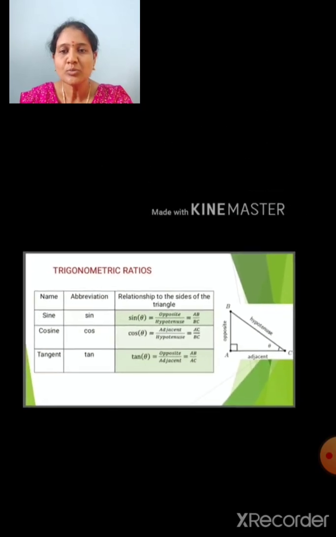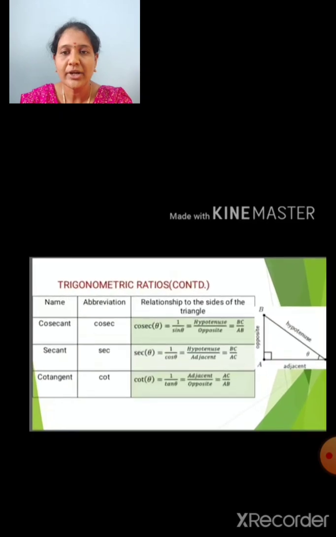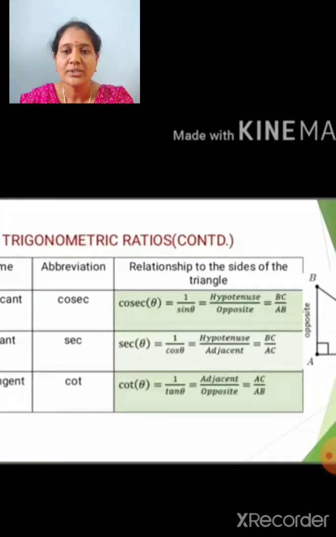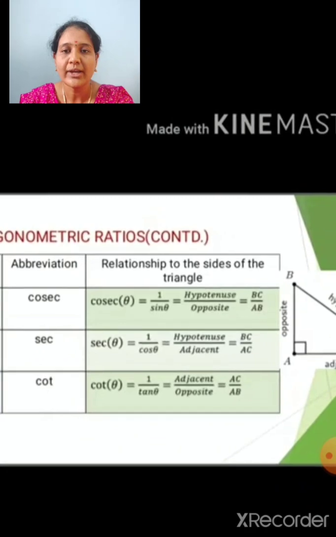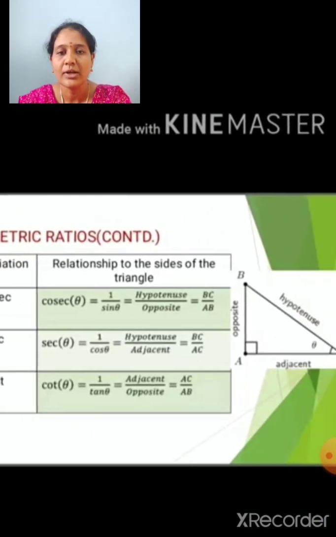Next, move to the reciprocals of the basic trigonometric ratios. Which is the first reciprocal trigonometric ratio? This is cosecant. It is the reciprocal of sine. Here also we have a formula: cosecant theta is equal to 1 by sin theta. This is also one of the formulas, children. Note it down, all of you.